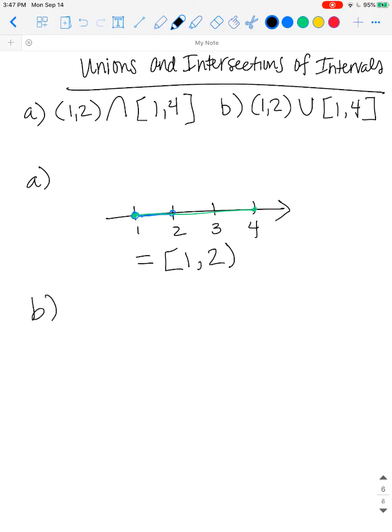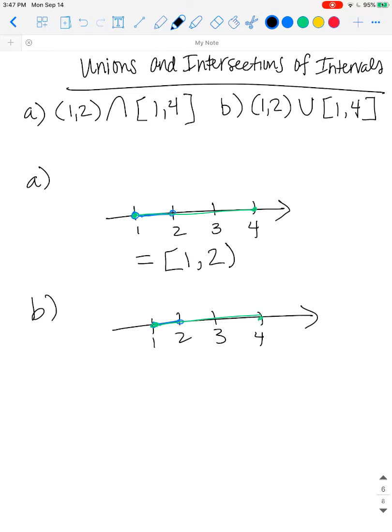So for B, same thing here, drawing it out, and referring to the same thing from the one above it, we'll go ahead and draw it. Okay. So this one is the union.